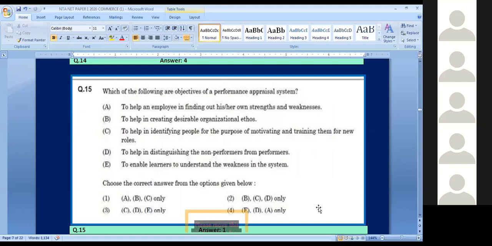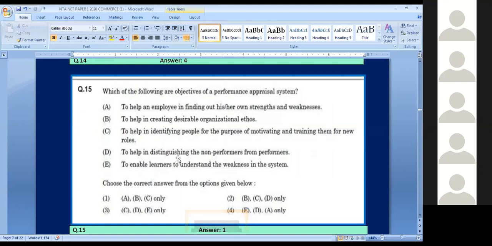Now check out. B twice, D also twice. Let me check D. To help in distinguishing the non-performer from performers, is that so? Actually, in the classroom situation, we should not distinguish such people like performer and non-performer. Even classifying students as slow learner and fast learner is a sin. So D is not right.